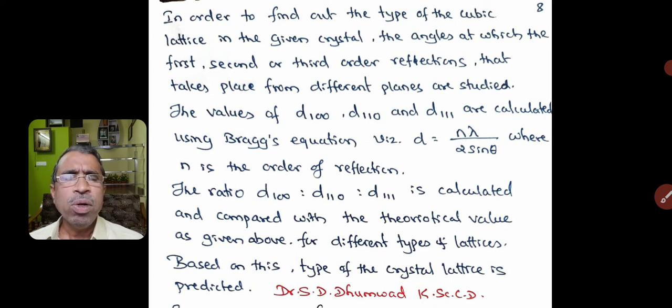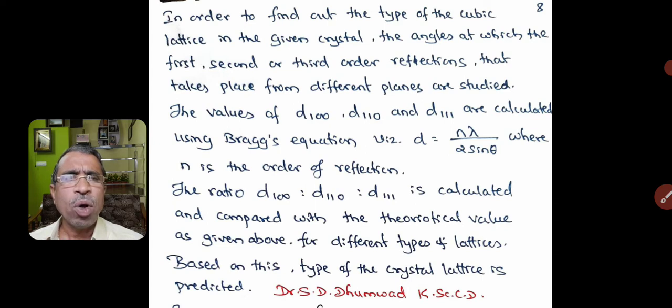The ratio D100 is to D110 is to D111 is calculated through the experiment and these values are compared with the theoretical values as given above for different types of lattices.